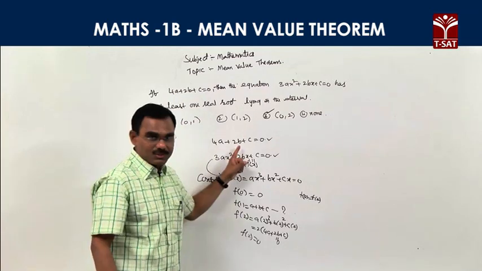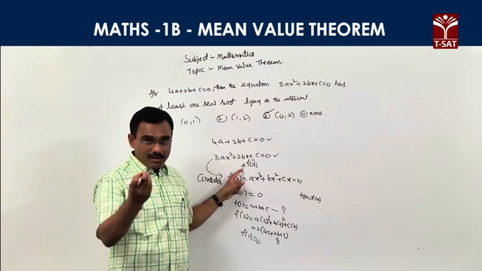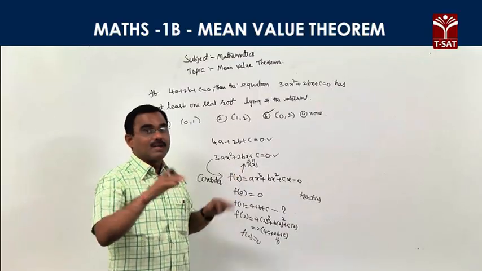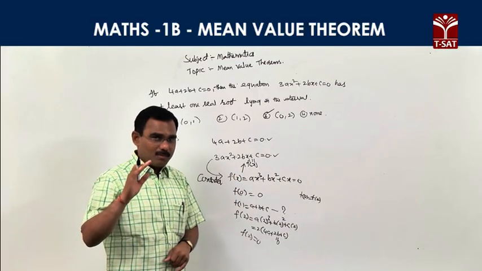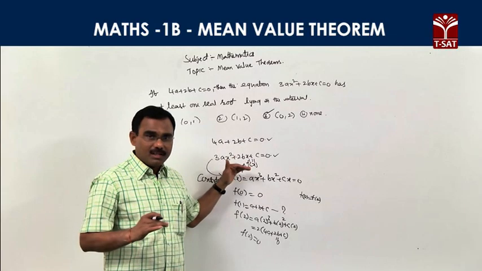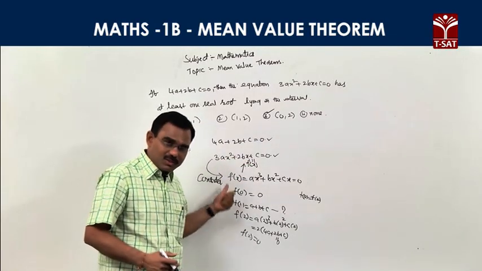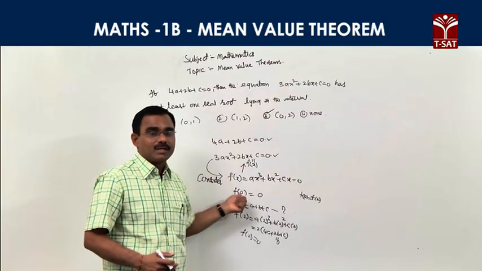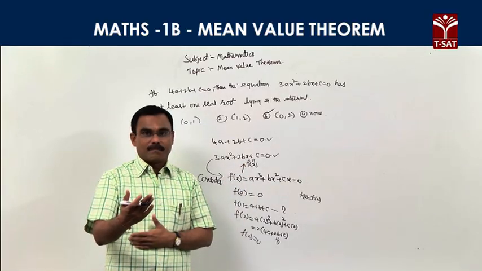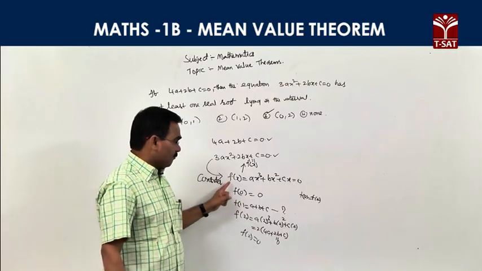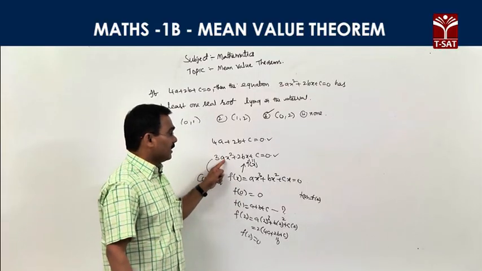A condition is given, an equation is given, and we are asked in which interval at least one root lies. In this type of problem, first consider the function, obtained by integrating the given equation. Then apply Rolle's theorem. We consider f of x, whose derivative is f dash x.